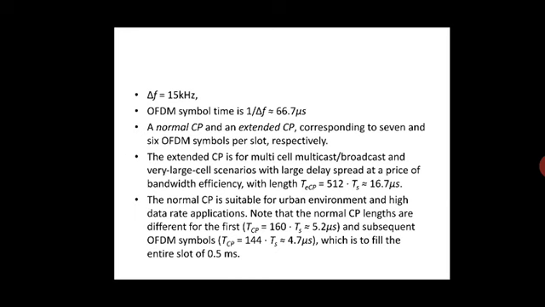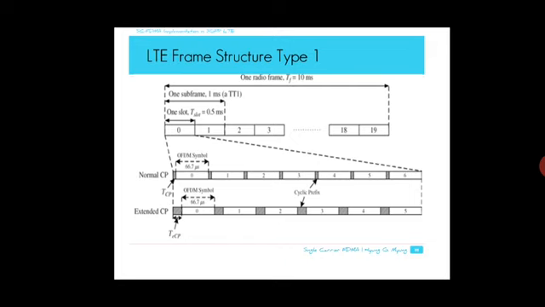Now what is the duration of that? If I calculate here, there's a 512, and in fact the total duration will be 16.7 microseconds. That is the duration of the extended CP.